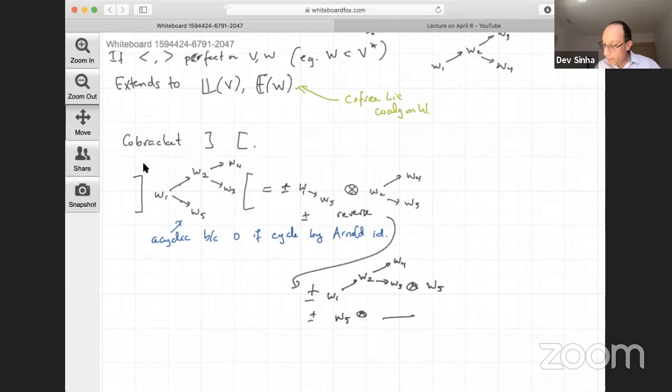So now let me just say that what we were saying before, this is the co-free coalgebra just on the vector space, but we're going to have some other structures around too, some algebra structures.